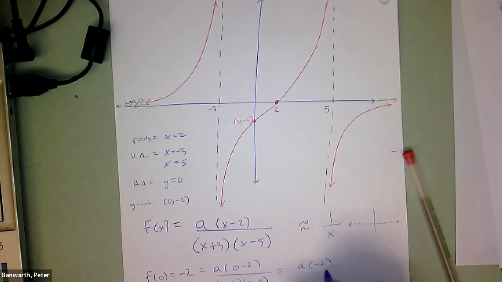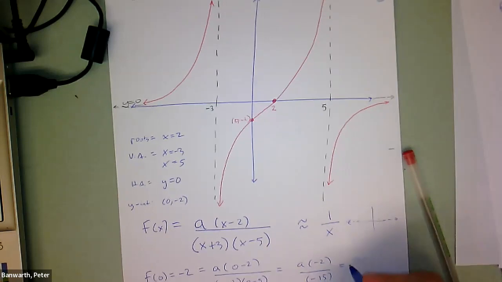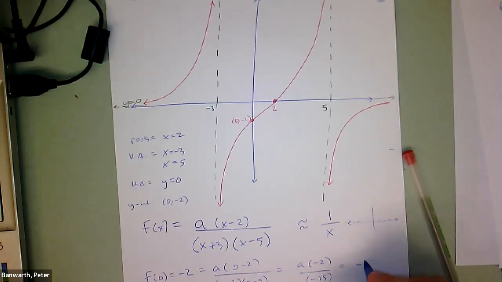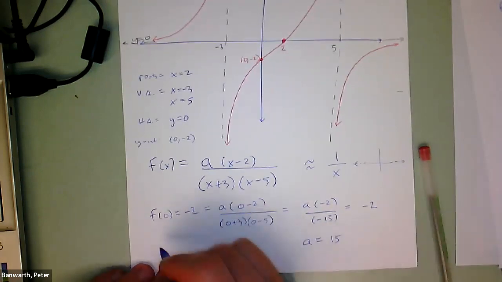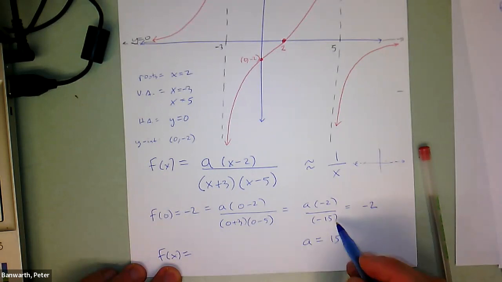So a times -2 over -15 should be equal to -2. And so if I do that multiplication, I'm going to get a is 15. And so now I have my full formula. Did I do that right?